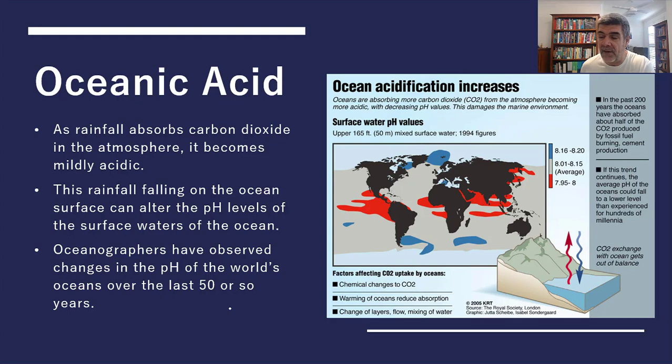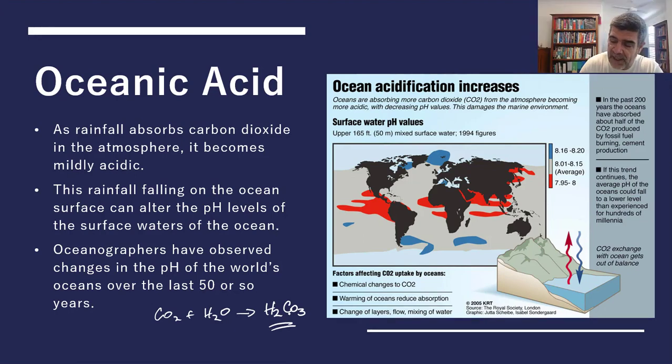Hopefully you now have an understanding of the relationship between carbon dioxide and water. When carbon dioxide is added to water, it forms a weak acid known as carbonic acid, and we're familiar with that because it's the basis of soft drinks.